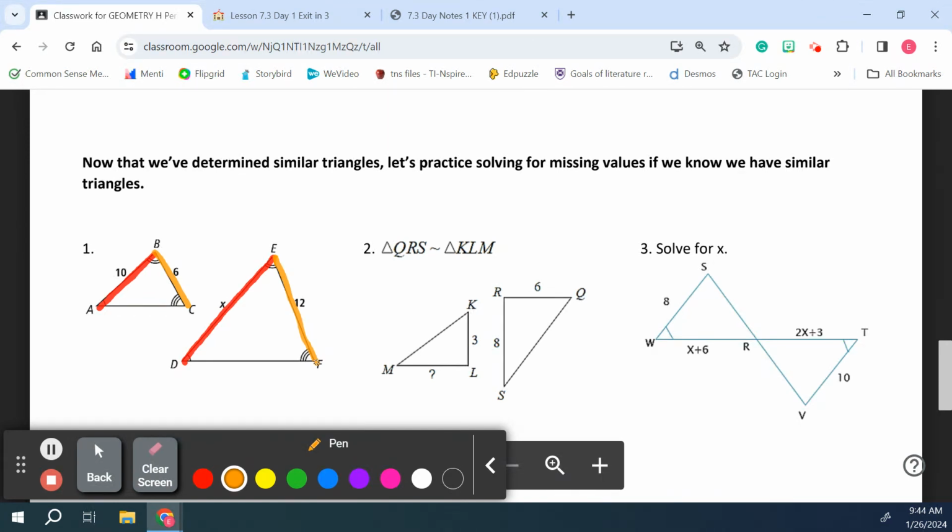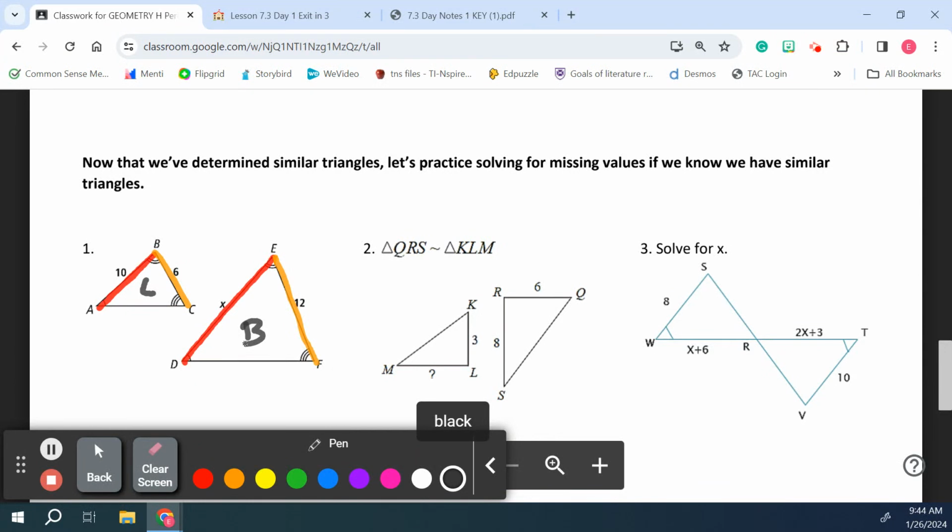Now, how you set up the proportion is important, but how you look at it is even more important. You can't just put things in a random order. These ratios are important in how we set them up. So here's my method, but you can choose whichever method you use. I usually go little triangle over the big triangle, or triangle 1 over triangle 2.